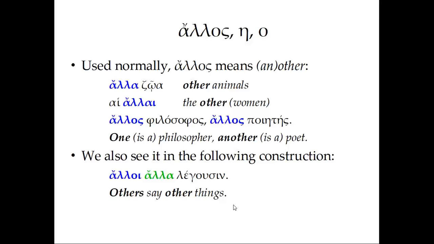This doesn't make a whole lot of sense literally. What it really means is something like some say this, others say that. It's a very compressed way of expressing this. We see it in both the plural as here and in the singular as well. It could be something like allos alla lege would mean one says this, another says that, or something like that.